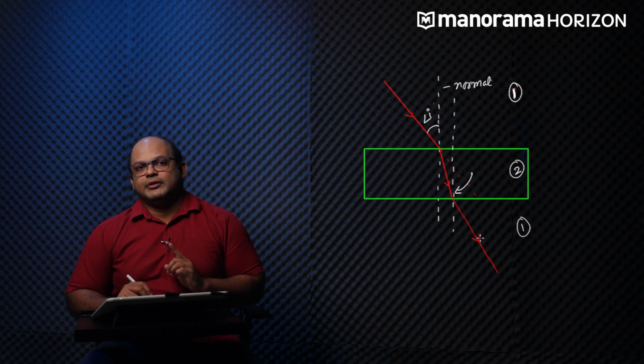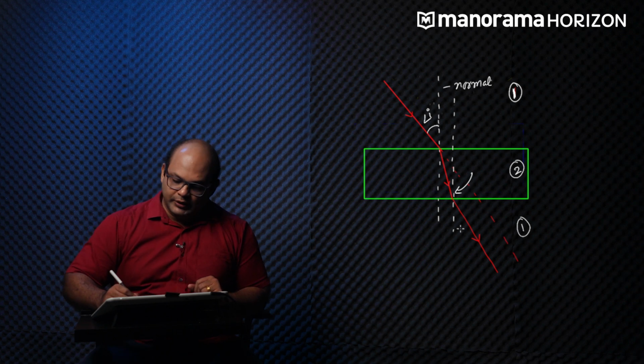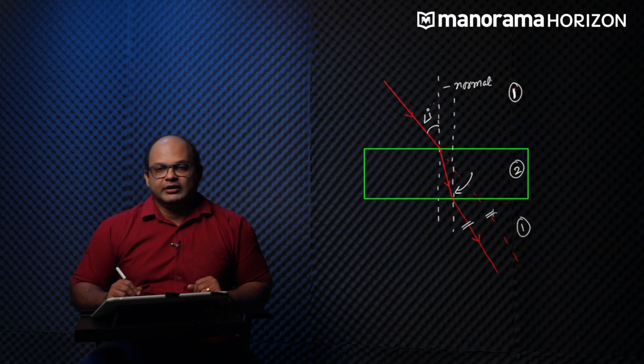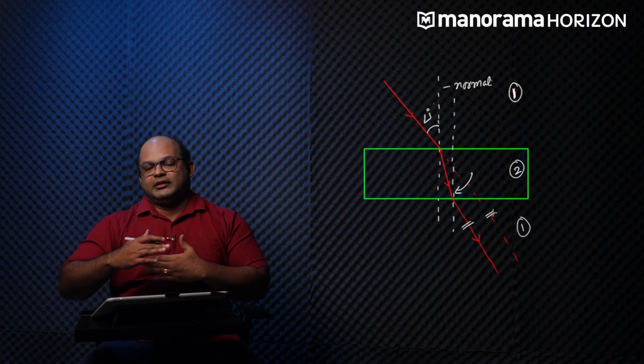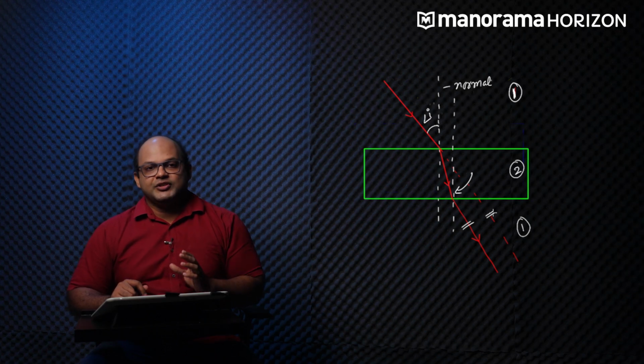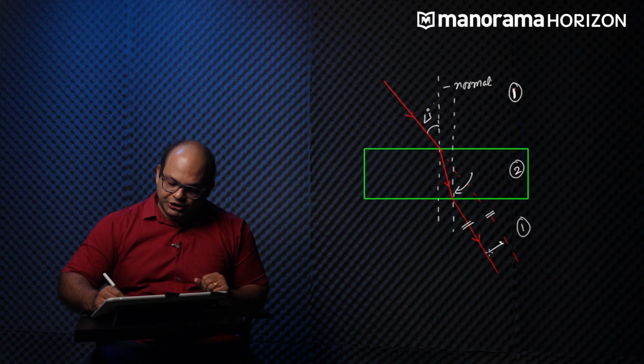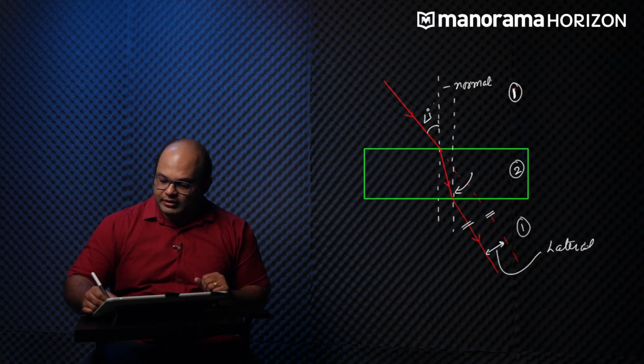If you tried the experiment yourself, you would note that the incident ray and the emergent ray are parallel to each other. In other words, since we are dealing with two parallel interfaces, the slab is not bending the light as much as it is shifting the light to a different path. And this shift in the light beam is what we call lateral displacement.